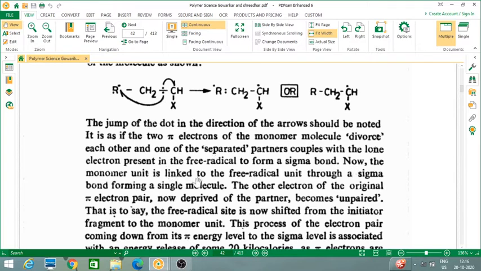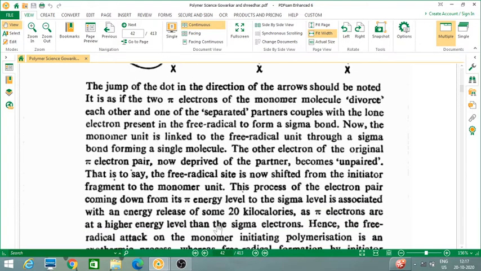Now the monomer unit is linked to the free radical unit through a sigma bond, forming a single molecule. The other electron of the original pi electron pair, now deprived of its partner, becomes unpaired. That is to say, the free radical site is now shifted from the initiator fragment to the monomer unit.